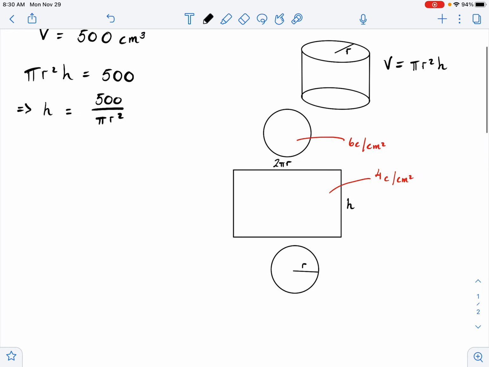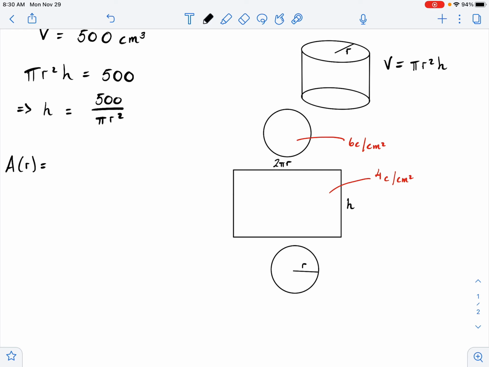The cost as a function of r, well, let's first work out the area as a function of r. So the area of my can, and I have this sort of schematic of our can here. When it's broken down, you can see the top and the bottom, and then this will be the side as it is rolled out.